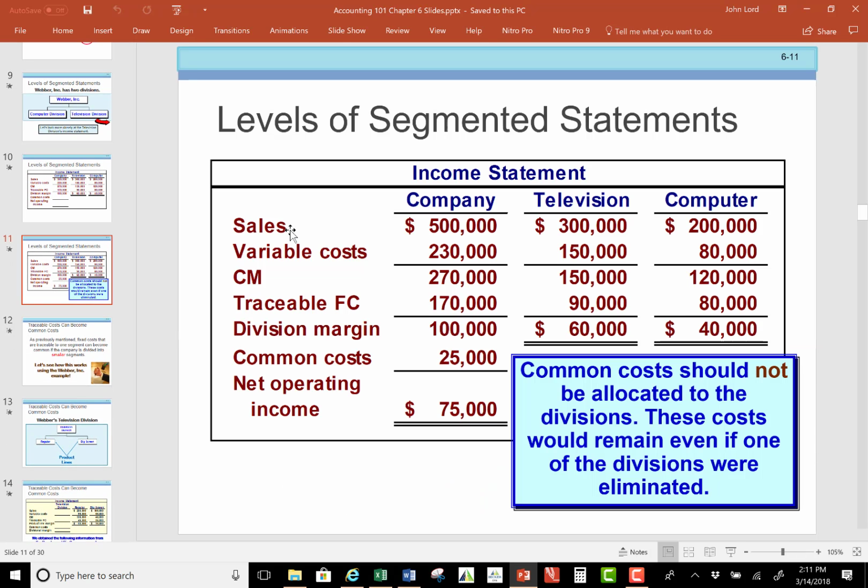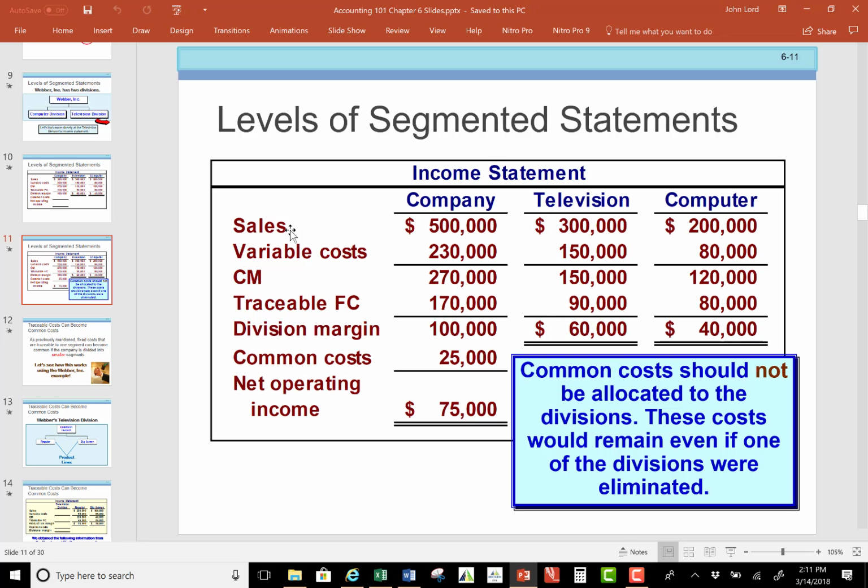When we look at the overall profit of this television store, we add up the divisional margins and subtract the common cost, and that gives you the overall operating income of the company, right?